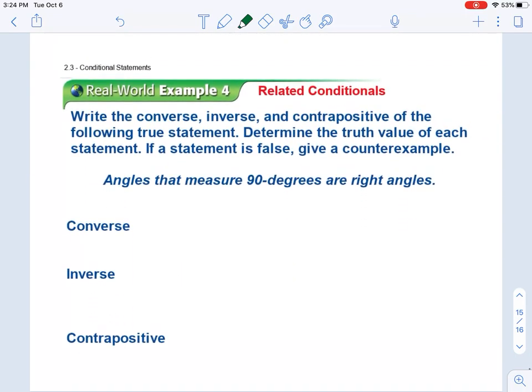So we are now going to write the converse, inverse, and contrapositive of this true statement. So we know this guy's already true, which means we know already that the contrapositive is true. And then determine the truth value of each statement. If a statement is false, give a counterexample, okay? So I'm going to actually start by writing my conditional as an if-then statement. That'll make it easier for me.